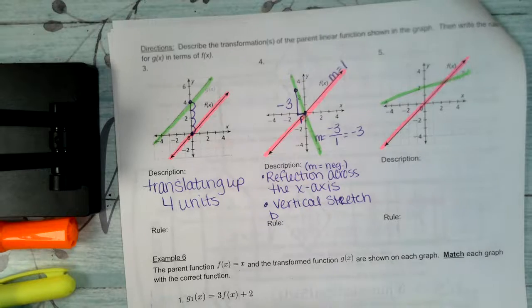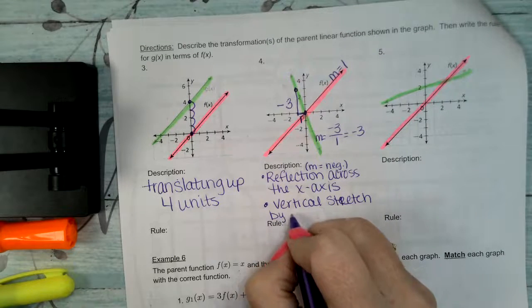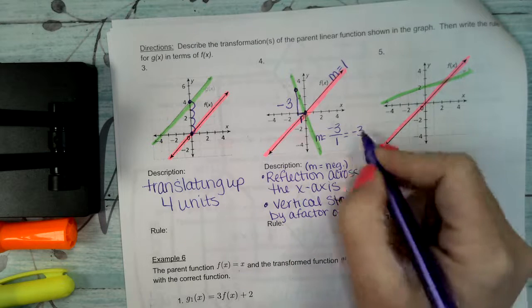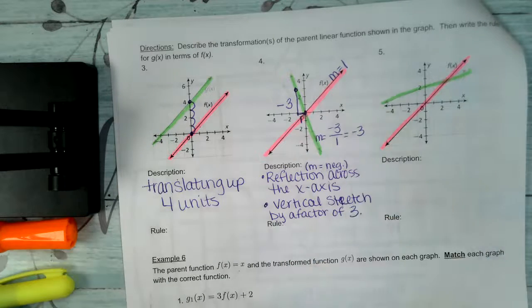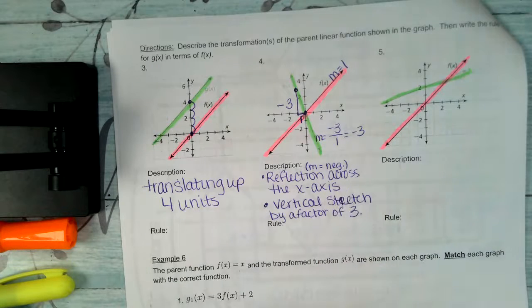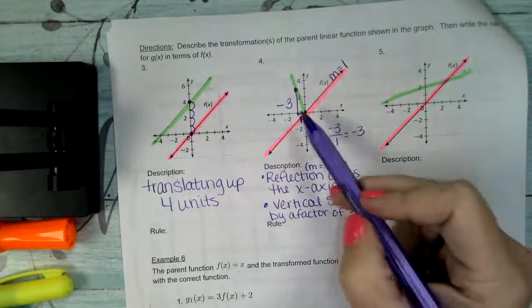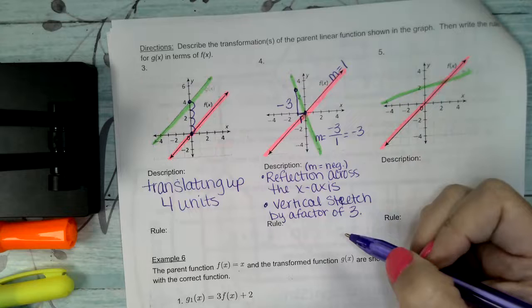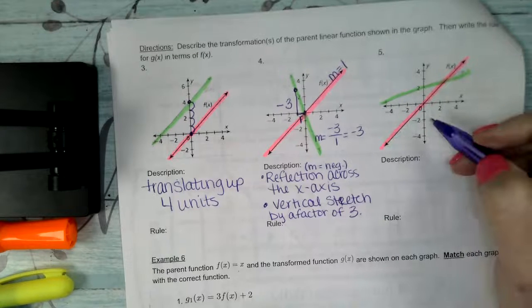And then don't forget, when you're doing vertical stretch or vertical compression, you have to say by a factor of, and then whatever your slope was, it's 3. I know my slope is negative, but these words up here already took care of the negative. That's all that's different because then my y-intercept is the same. So nothing else to look at.